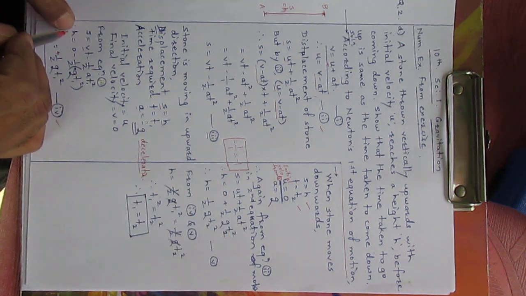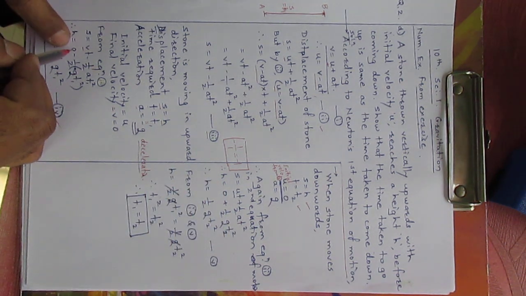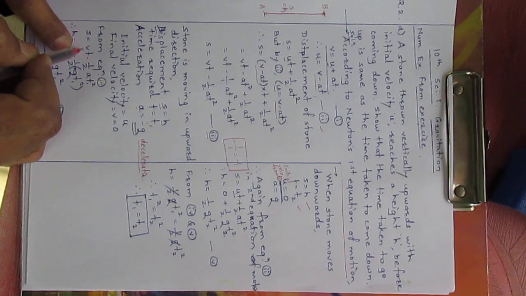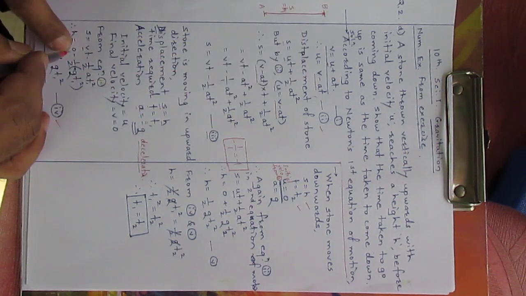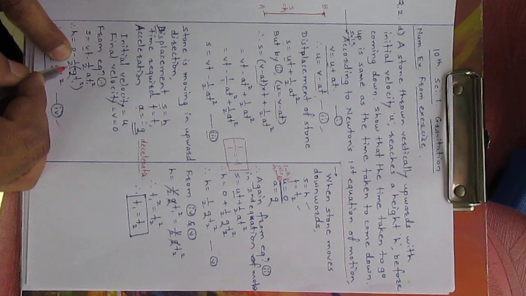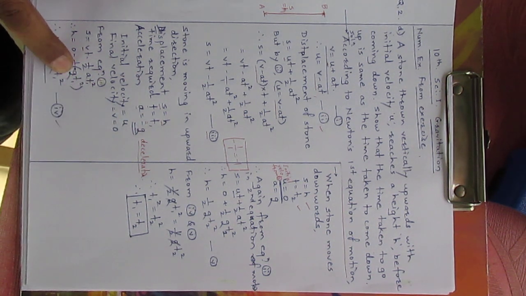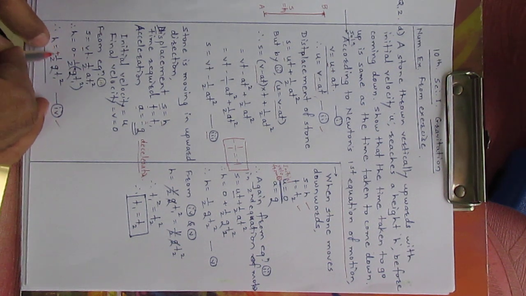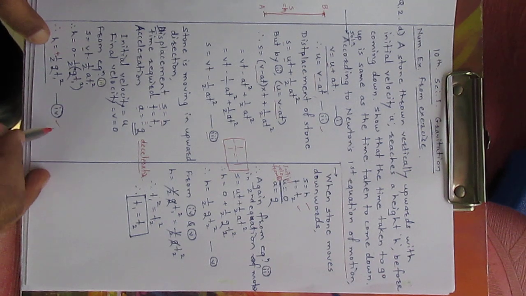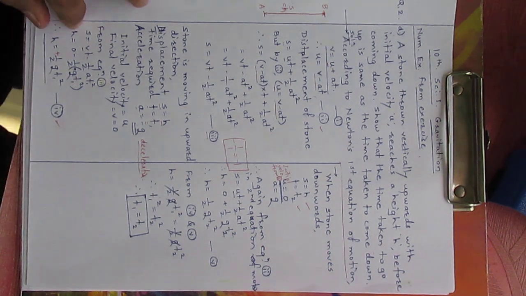Now s is equal to h. Therefore h is equal to 0, because v is 0, minus 1 half into minus g t1 square. Minus into minus is plus. Therefore h is equal to 1 half g t1 square. This will be equation number 4.